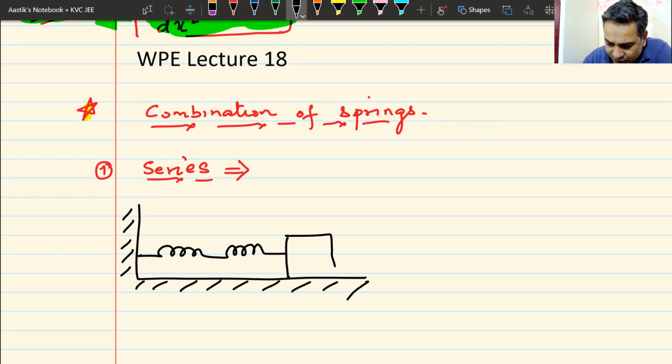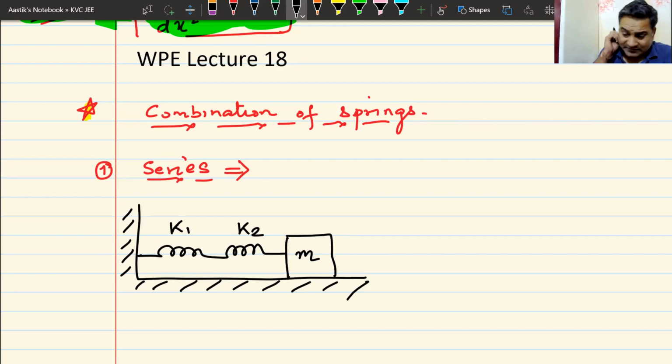It can be more than two springs as well. I am just making it two. It can be three, it can be four, it can be n. Now, two springs are attached like this. The spring constant of the first spring is K1. The spring constant of the second spring is K2. That is how it looks. This type of combination of springs is known as the series combination of springs.